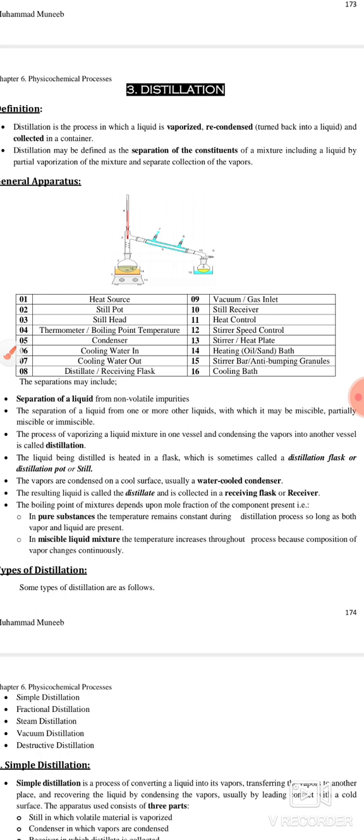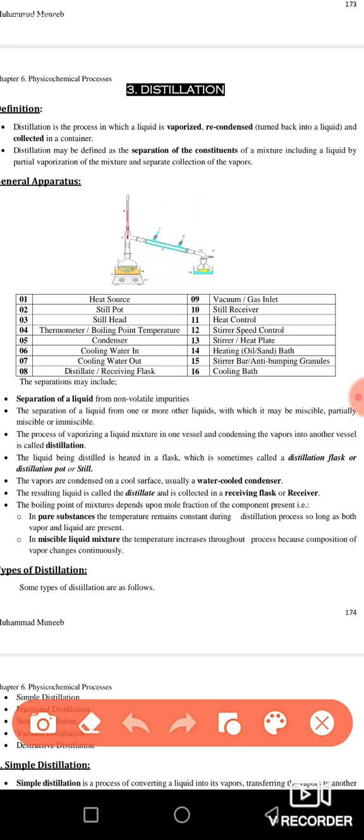Now there is a definition of distillation flasks in which the distillation process occurs. The liquid which is being distilled or heated in a flask, we call it the distillation flask. The vapors are condensed or cooled on a surface, which is called the water cooled condenser. So this is the water cooled condenser.